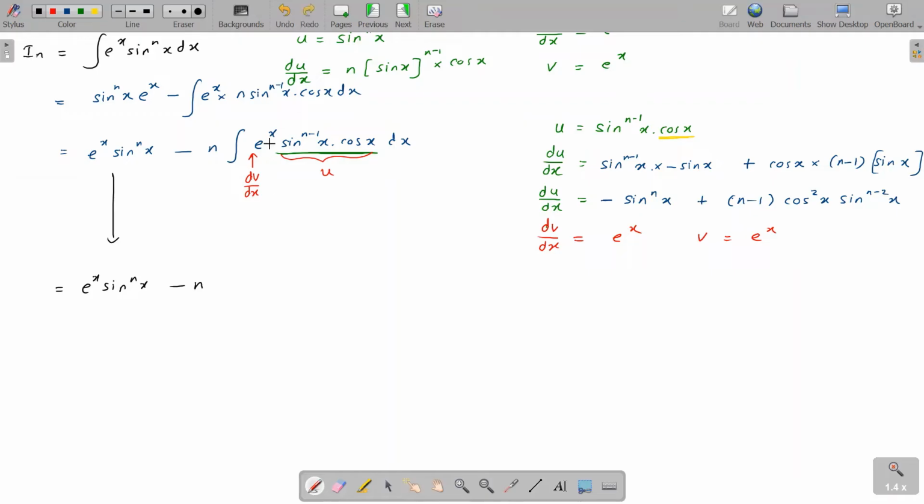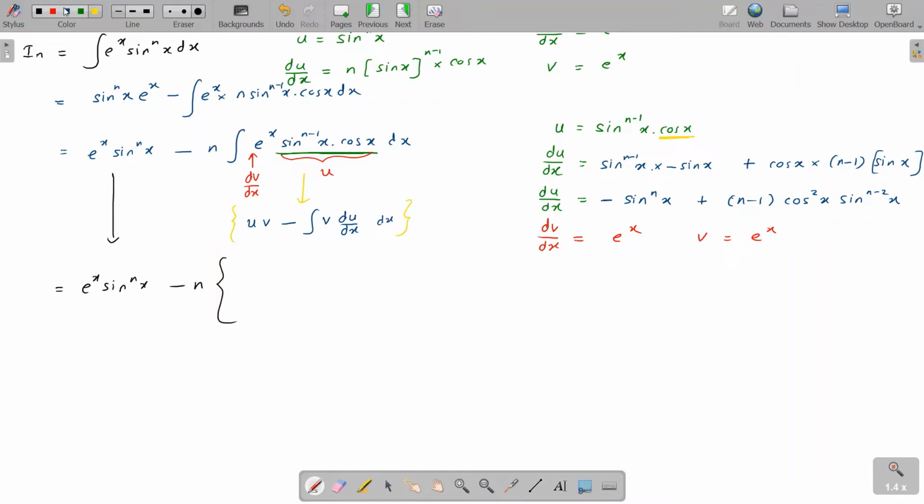Can you see? We will be applying the integration by parts rule: integration of u dv by dx is uv minus integration of v du by dx. Are you with me?